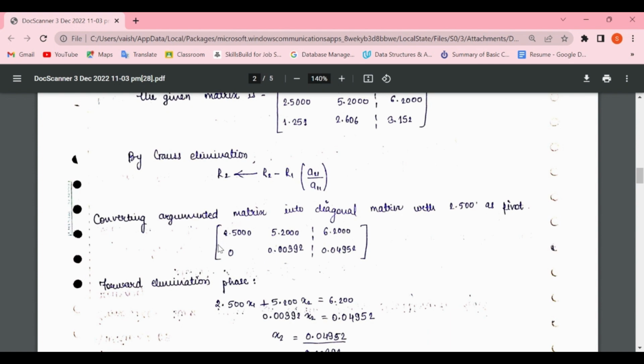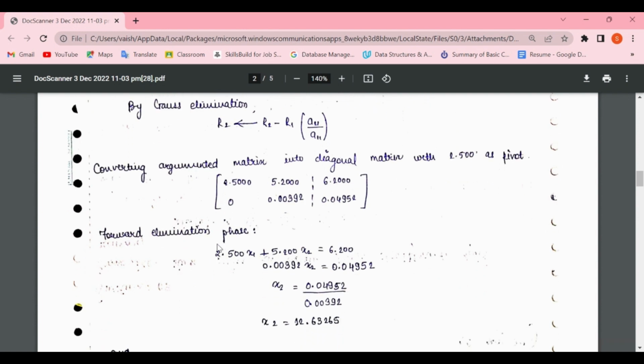Here we get the matrix 2.5, 5.2, 6.2, and for the second equation we get 0, 0.00392 and 0.04952. Performing forward elimination, we get the equation 2.5 x1 plus 5.2 x2 is equal to 6.2.